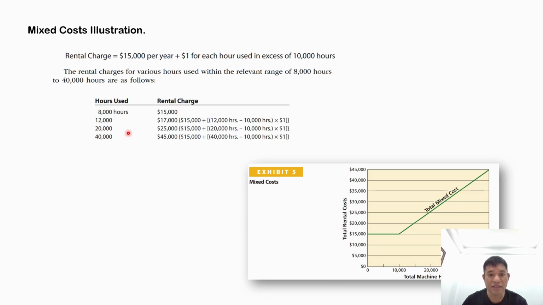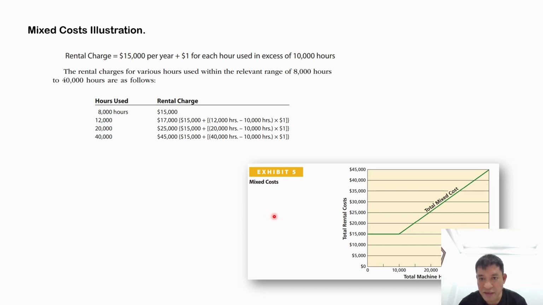The excess hours times $1 is equivalent to $10,000 plus the rental charge for 10,000 hours, which is $15,000. So it is equal to $25,000 and so on.